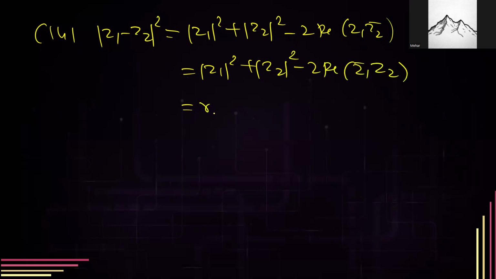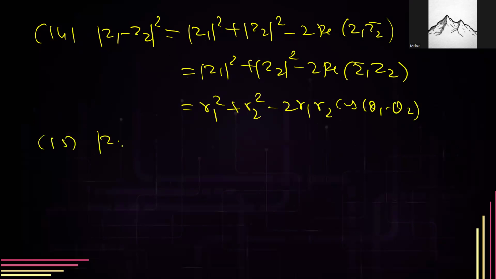If you want to write in r theta notation, this is r1 square plus r2 square minus 2 r1 r2 cos of theta 1 minus theta 2. This is how you write mod of Z1 minus Z2 whole square. Now, if you add these two, mod Z1 plus Z2 whole square plus mod Z1 minus Z2 whole square, the cos theta term will cancel in both and you'll get the result as 2 times r1 square plus r2 square.